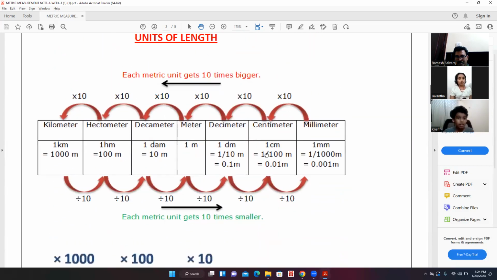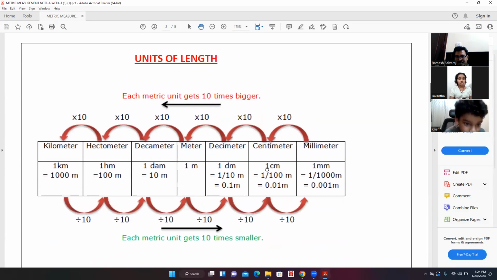Daddy, what is hectometer? Which one? Hectometer. What is that? This is nothing but 100 meter is 1 hectometer, and 10 meter is 1 decameter. 1 meter is 1 meter. 1 decimeter is 1 divided by 10, 0.1 meter.